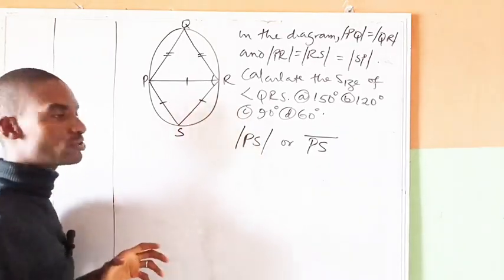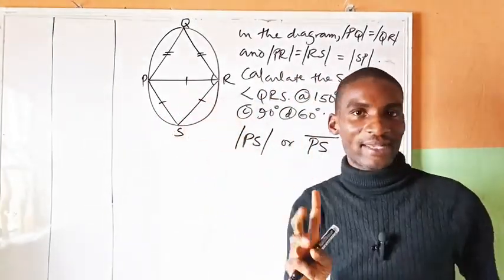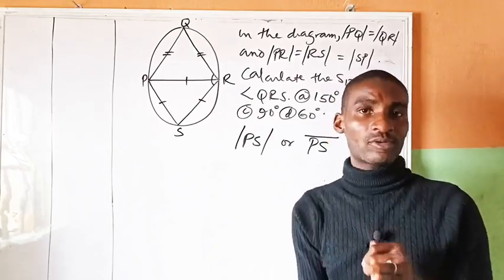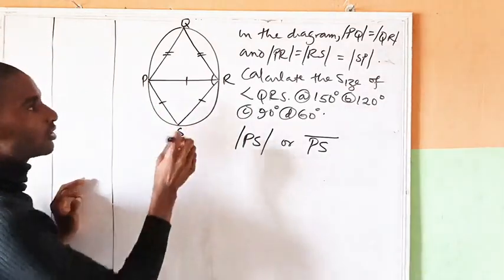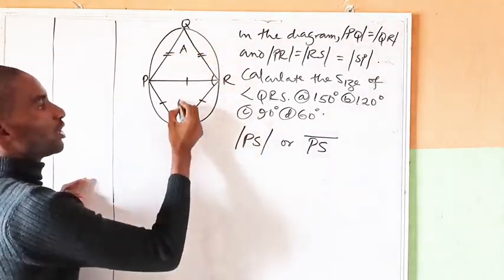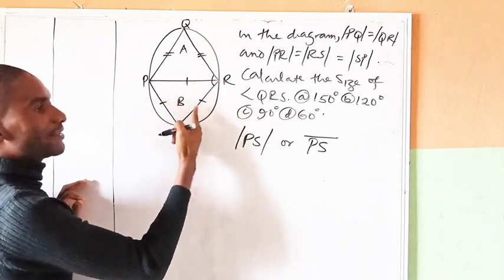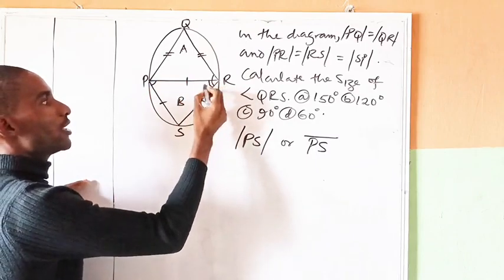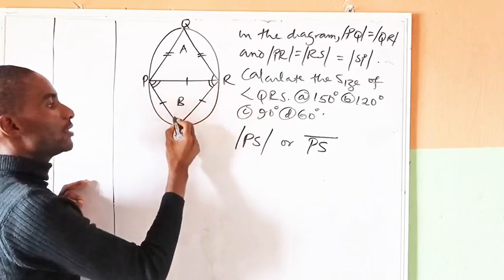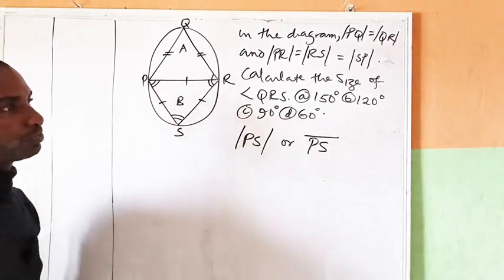What's the meaning of an equilateral triangle? It means the 3 sides are equal and the 3 angles are equal. So this is triangle A, this is triangle B. For triangle B, the 3 sides are equal, and these 3 angles are also equal.